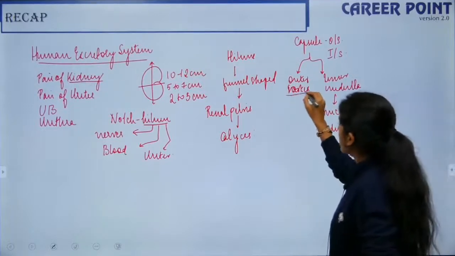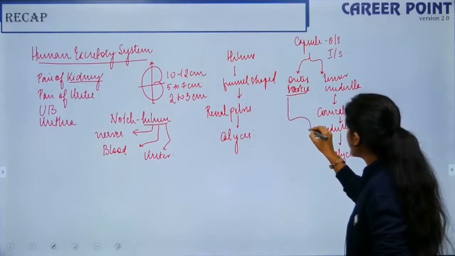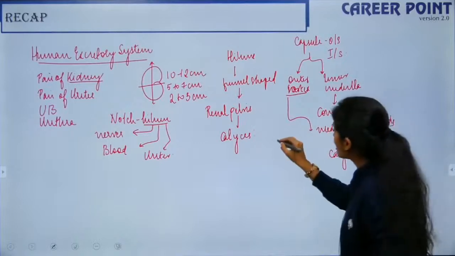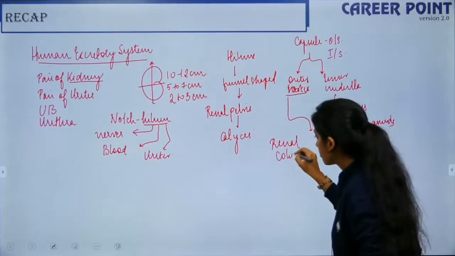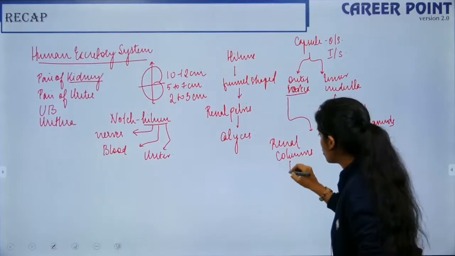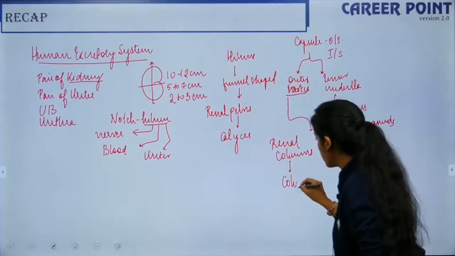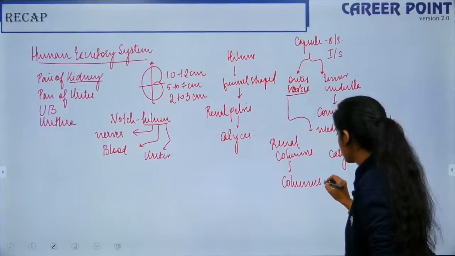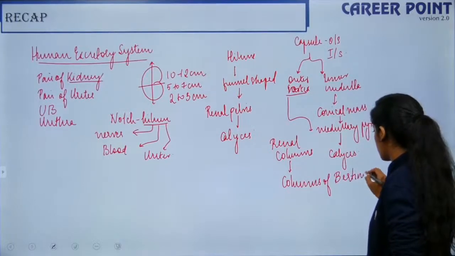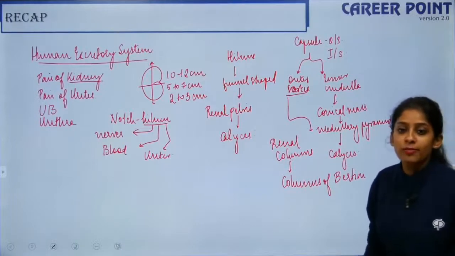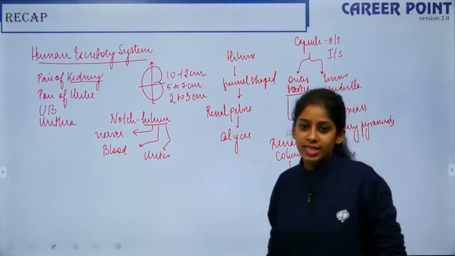Your cortex region flows through these medullary pyramids as renal columns, which is known as columns of Bertini. All right?